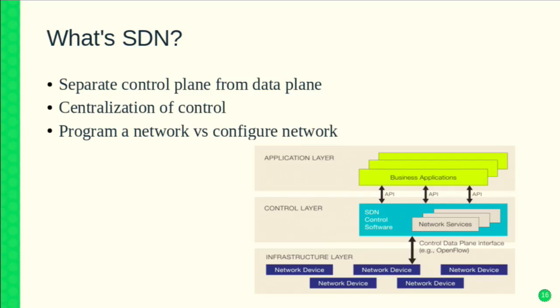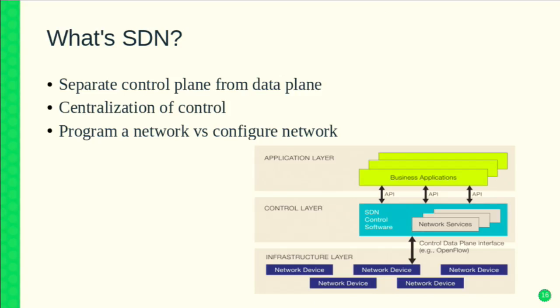Because in the data plane, you can just do fast processing, and in the control plane, you can put all the intelligence there to route packets in a smart way. So just dividing those two things, you can really centralize the control, and you can develop what we call SDN controllers. And you get to a point where instead of configuring a network, which is what we were doing in traditional networking, you can just program a network.